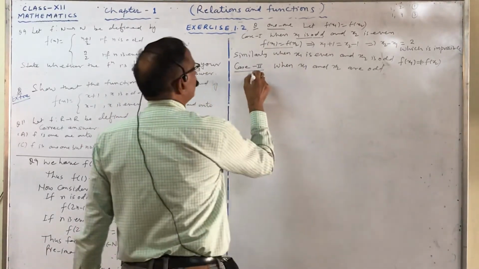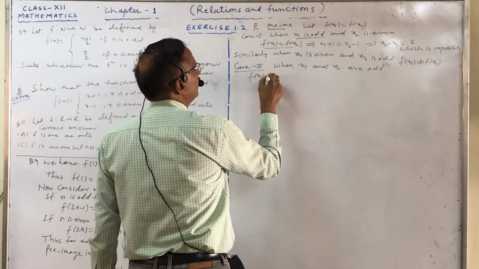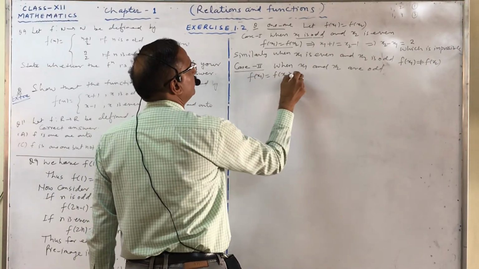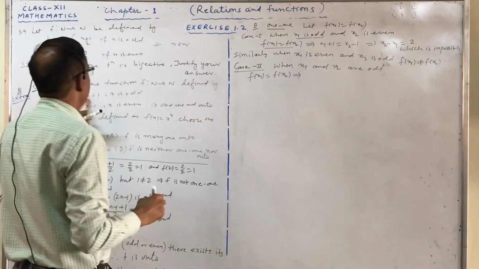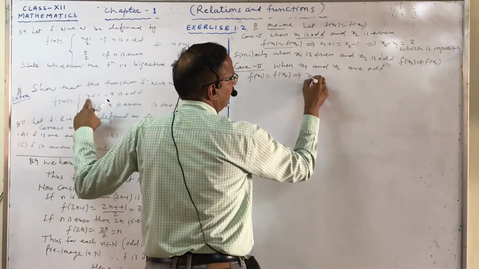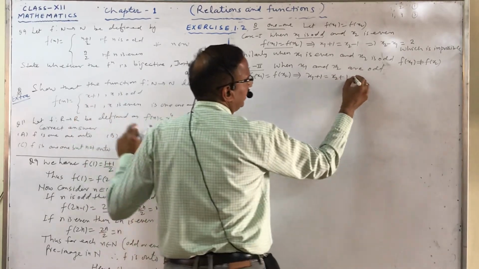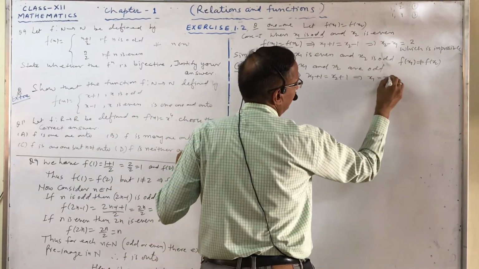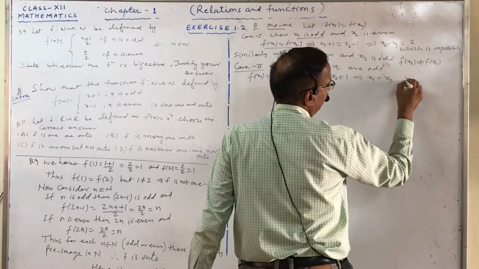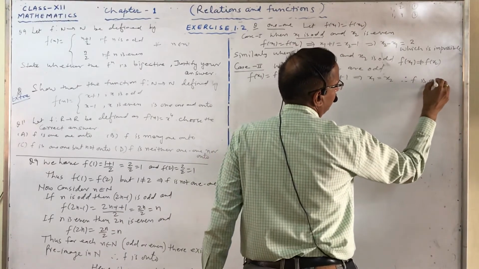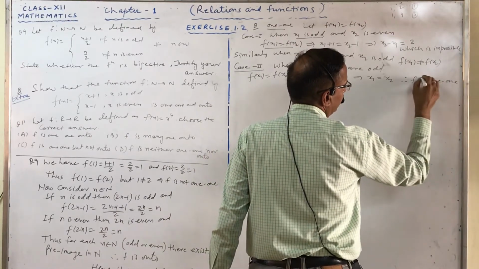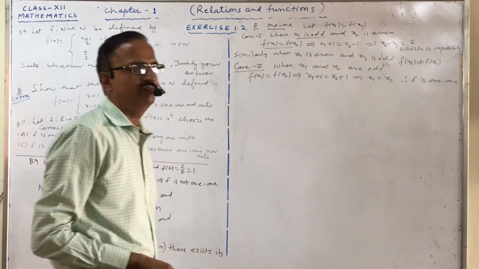We can write f of x1 equal to f of x2. This implies that x1 plus 1 equals x2 plus 1. 1 and 1 cancel. We get x1 equal to x2 and therefore f is 1-1. Now in this case, f is 1-1.